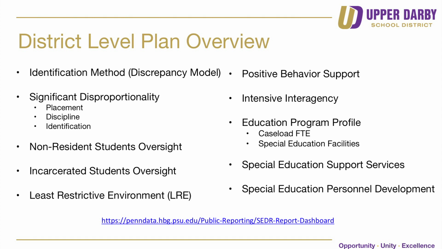The very bottom there, I didn't hyperlink it, but it's best that you copy and paste it into your browser if you want to review it. This is the Penn Data Report that's published every single year, and it is the data source for this comprehensive plan. Alongside the cyclical monitoring we went through two years ago, these are the data that we use to develop our goals and systems we're going to talk about in this comprehensive plan.